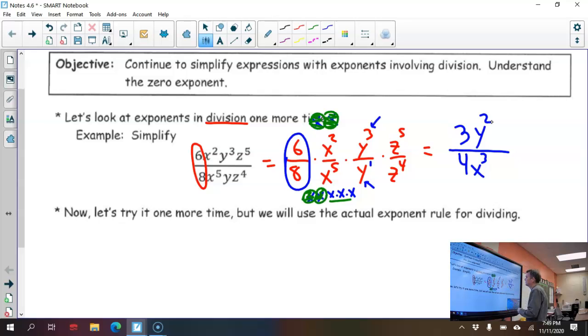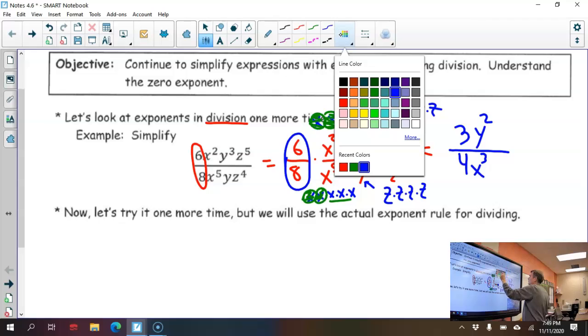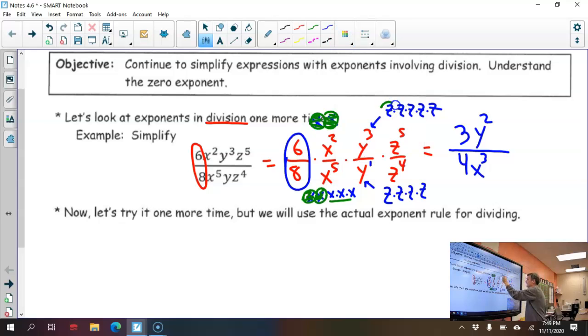And last up, I got the z's. Should I do it one more time? What the heck? I've got 5 z's on top, right? Z to the 5th. And I've got 4 of them on the bottom. So when I go to cancel out the z's, I can cancel out one of them. A second one goes away.